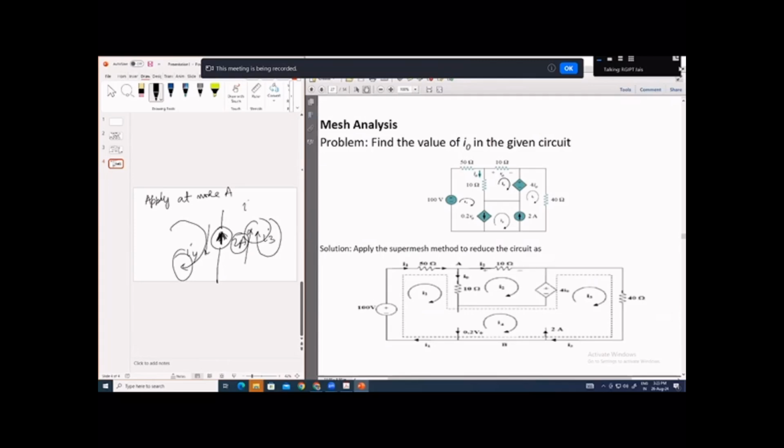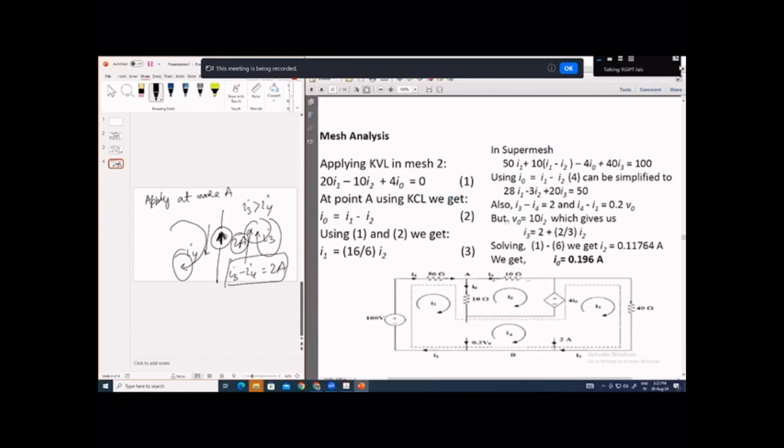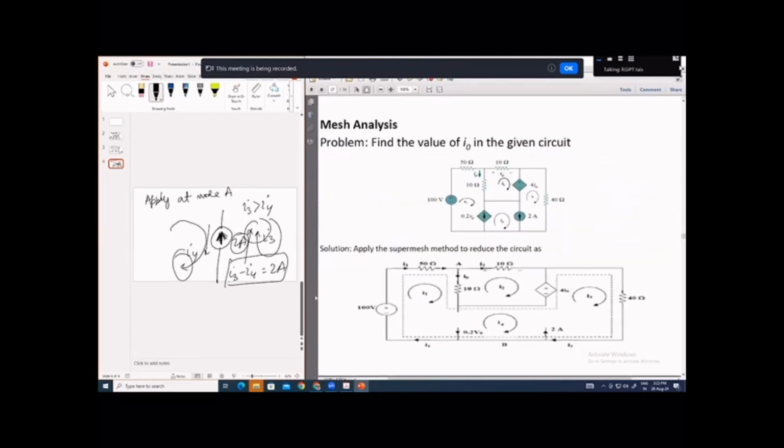So you can say that I3 is greater than I4, based on the direction of this current source, and the difference between I3 and I4 will be 2 ampere. So you have got a relation; use this relation here: I3 minus I4 is equal to 2. Similarly, for this dependent source.